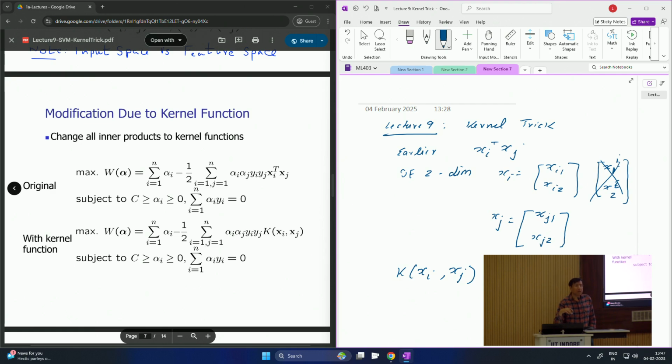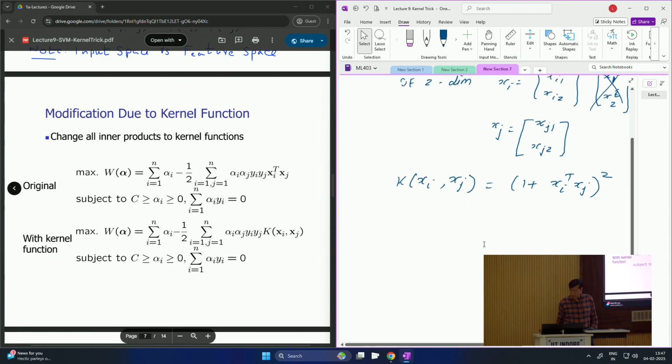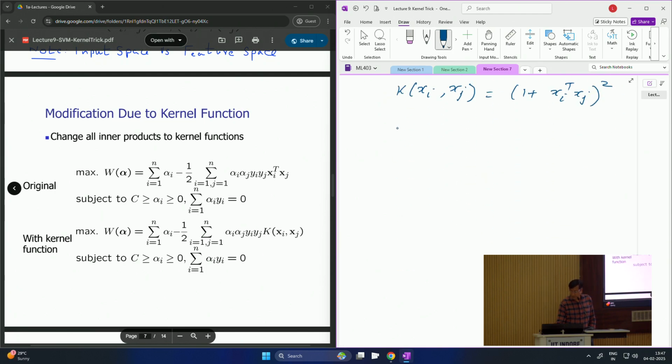Just bear with me, let's see what happens. That's why I'm not showing you the slide. So we'll first expand this. What is the square? This will be 1 plus xi transpose xj. We'll write this in an expanded form.